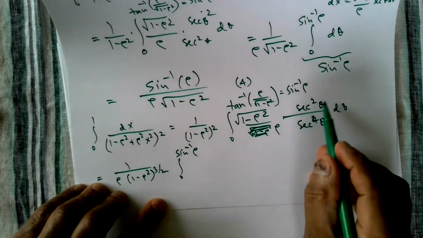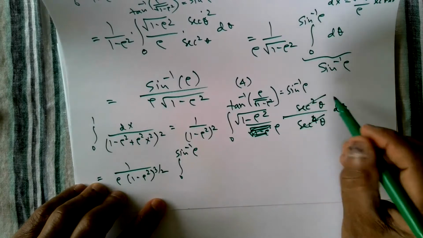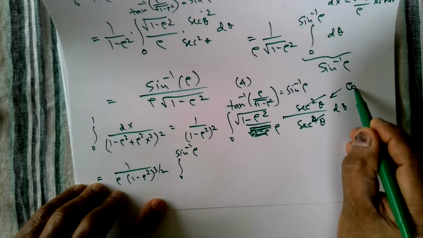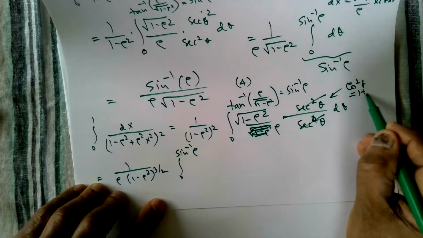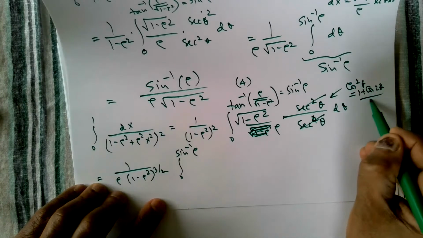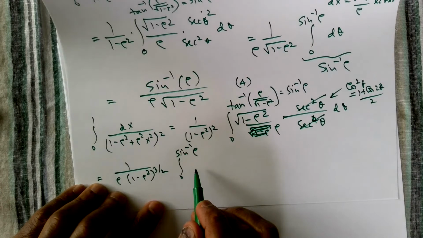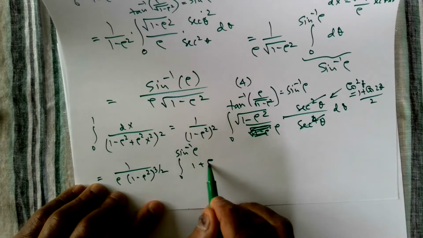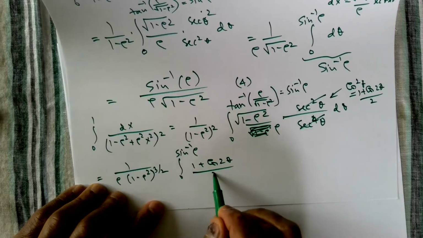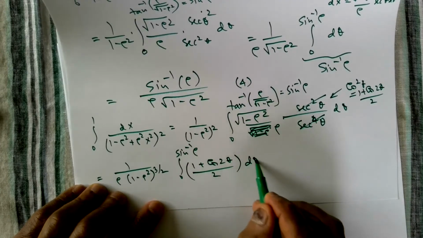Remember, this is sine squared, and you get cos squared here too, which is 1 plus cos 2 theta divided by 2, which is what I'm going to substitute here. So 1 plus cos 2 theta divided by 2 d theta.